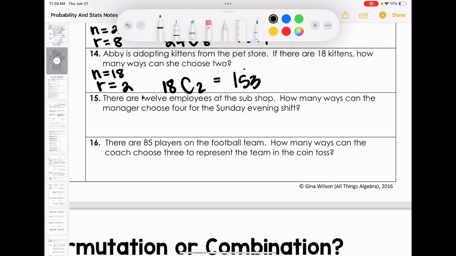All right, 15, there are 12 employees at a sub shop. How many ways can the manager choose 4 for the Sunday evening shift? So N would be 12, R would be 4. So 12C4.